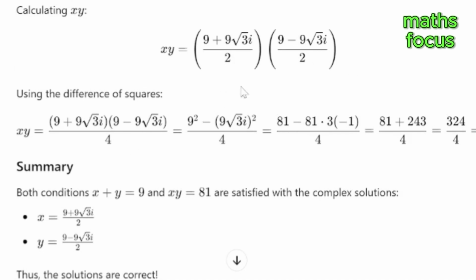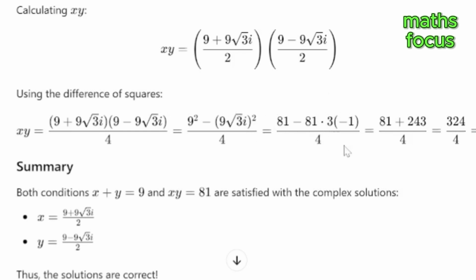That is 2 multiplied by 2, that is 4. Here, which is equal to 9 squared minus (9 square root of 3i) to the power of 2, divided by 4. Then this is equal to 81 minus 81 times 3 multiplied by minus 1, that is i squared is equal to minus 1.